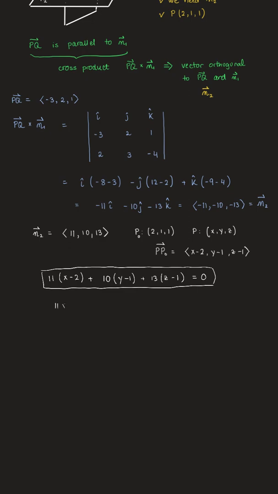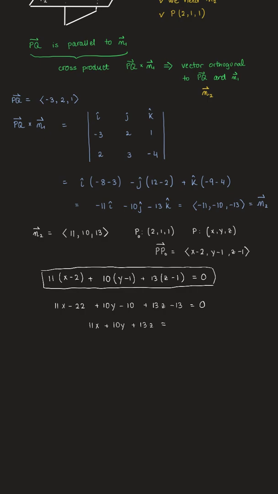So we'll get 11x minus 22 plus 10y minus 10 plus 13z minus 13. I'm going to move all the constants to the right side of the equation. So on the left, we'll be left with 11x plus 10y plus 13z. And let's see if I can add these.